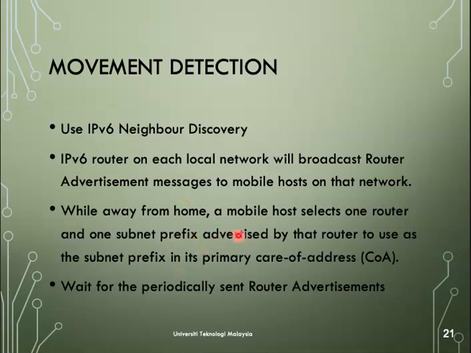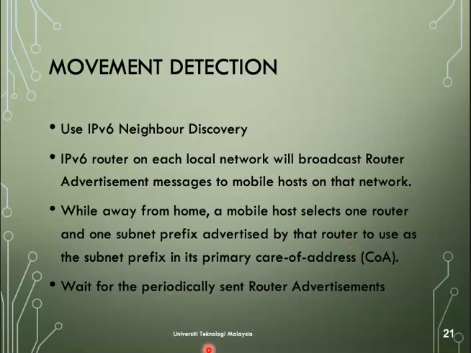While away from home, a mobile host selects one router and one subnet prefix advertised by that router to use as the subnet prefix in its primary care of address. This can be done by listening to the router advertisement message. The mobile host can wait for the periodic router advertisement message to select its router.